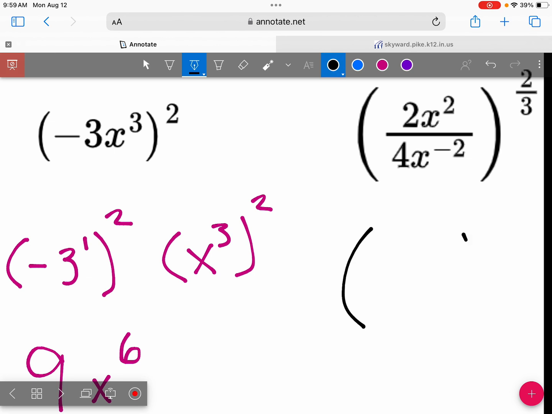The 2 and 4 make a 1/2. So my 2 and my 4 are going to simplify down to, there's a 2 on the bottom. There's a 1 in the numerator, which you don't have to write, but we can. My x squared, I can't really do anything with it, but that x to the minus 2, what's happening to that?